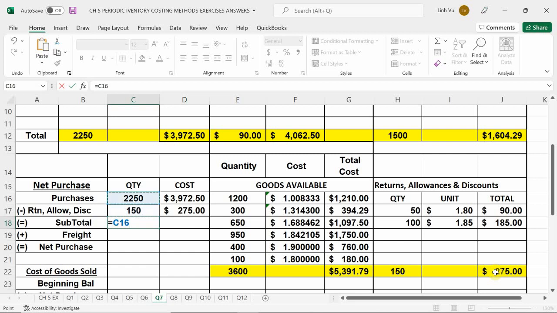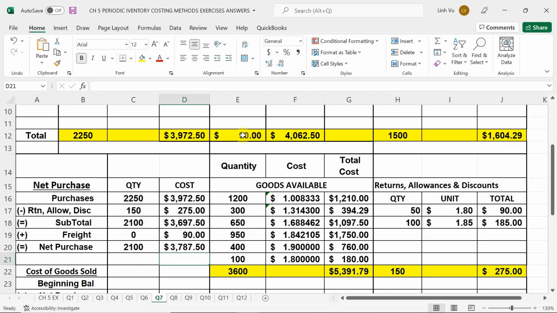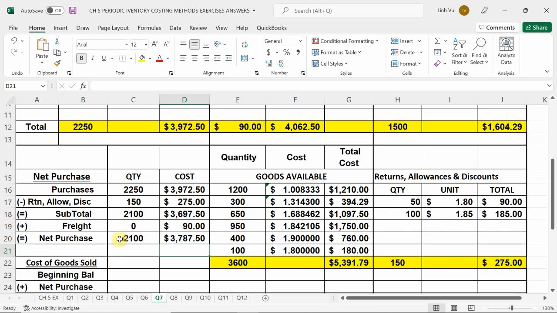Okay, so therefore, that brought us down to 2,100 units, okay, at a grand total of $3,697.50. Okay. Freight adds nothing to quantity, but it does add to total cost. So I'm going to add $90. So here I get a total purchases of 2,100 units at a total cost of $3,787.50. Okay.